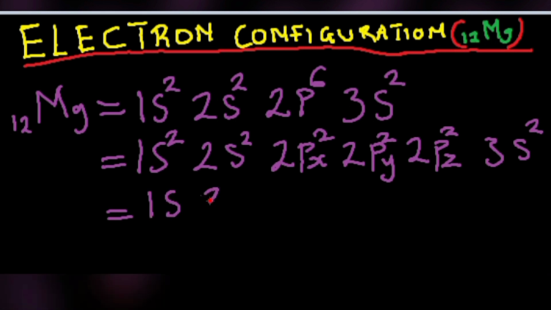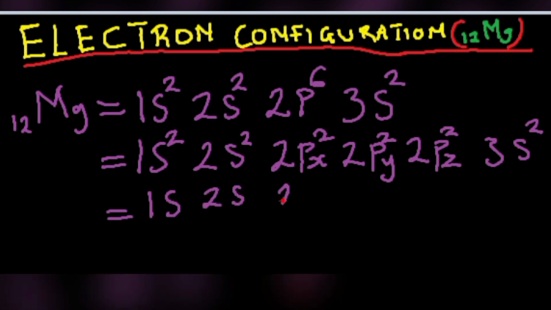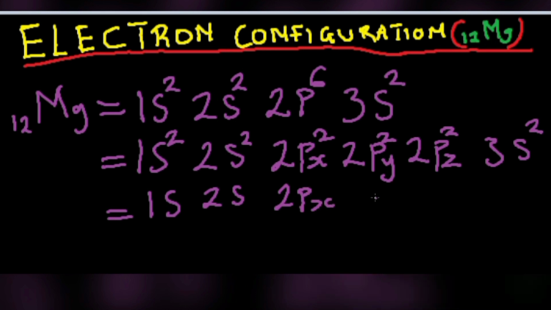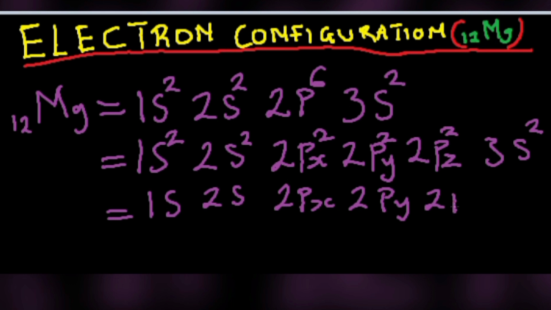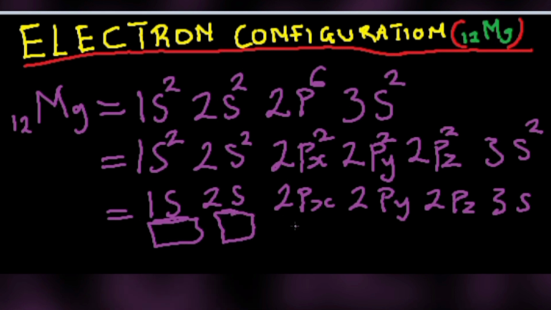So 1s, 2s, 2px, 2py, 2pz, and then 3s. So this is a subshell, another subshell.